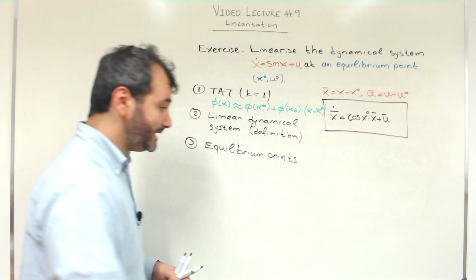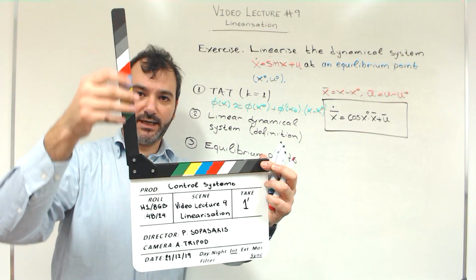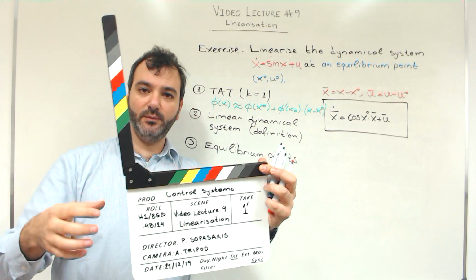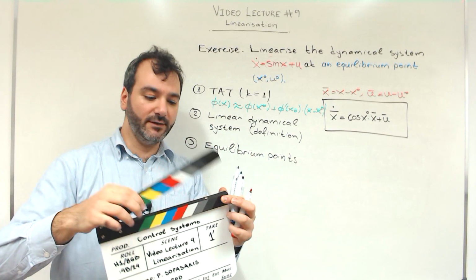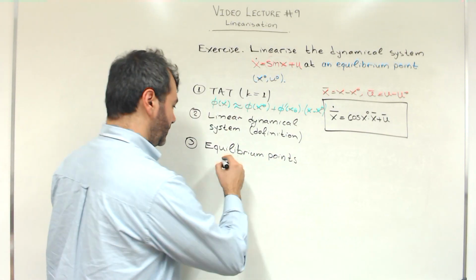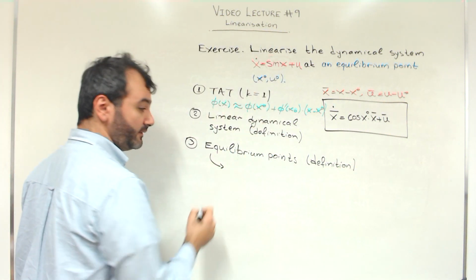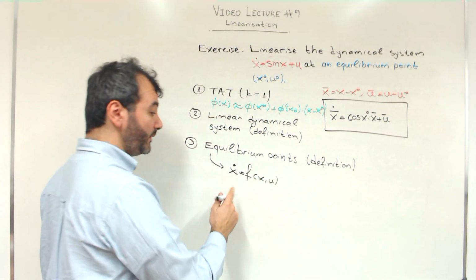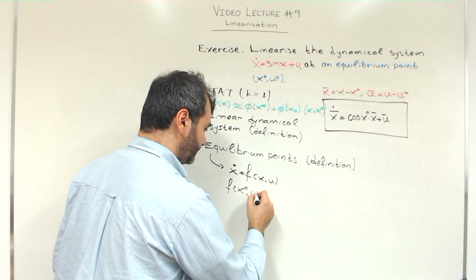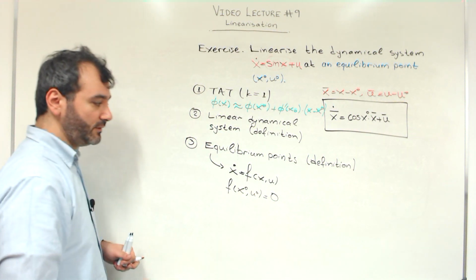Once again, if I start at an equilibrium state and I apply an equilibrium input, I will stay at that equilibrium state forever. This is the definition. And there is also a very useful result here. If this is my dynamical system, then this equation gives me all equilibrium points of the system.